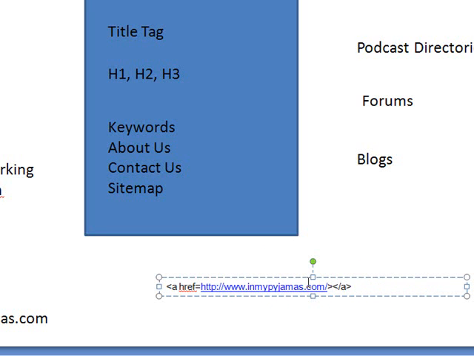So perhaps I'm going to put in here niche internet marketing. So if this was on an HTML page, like a blog or in a press release, then the text which would come up would be this, niche internet marketing. And if somebody clicked on that, they'd be taken to this particular web page here.